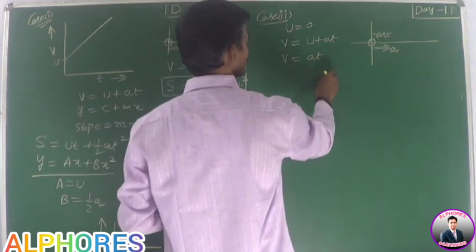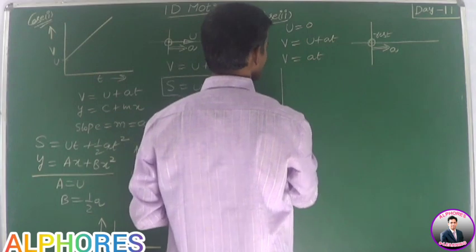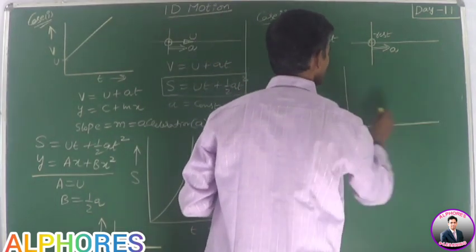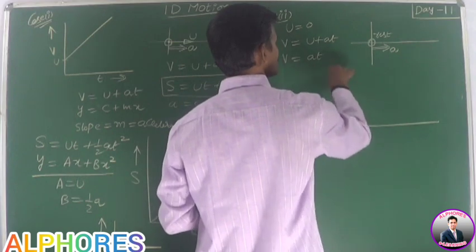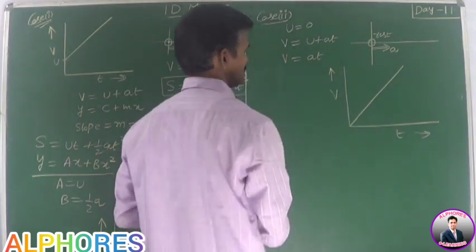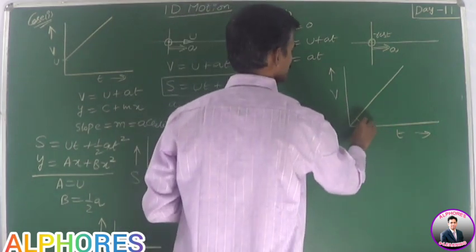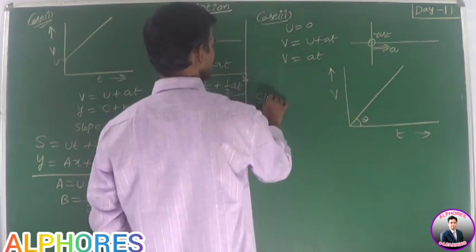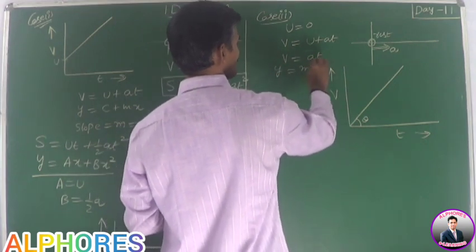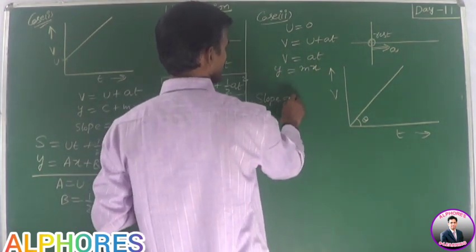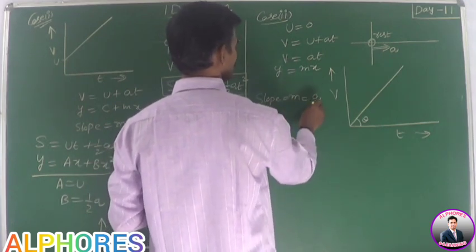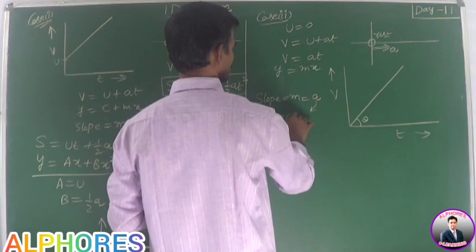In such a case, if you draw a graph between velocity and time, this graph is a straight line passing through the origin. If you calculate the slope, the function is y equal to mx, right? The slope gives m, or a, nothing but acceleration.